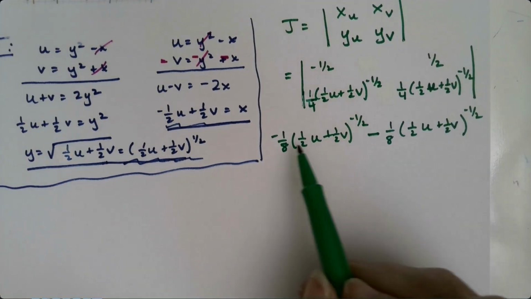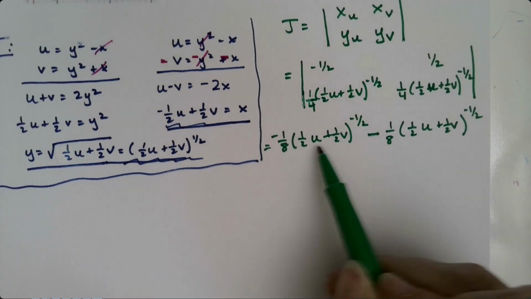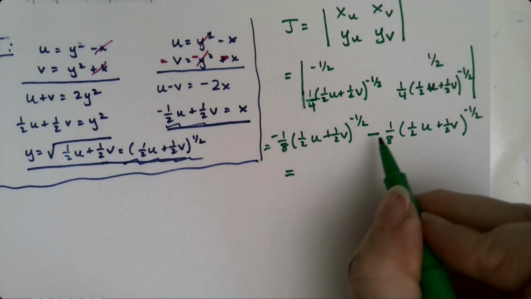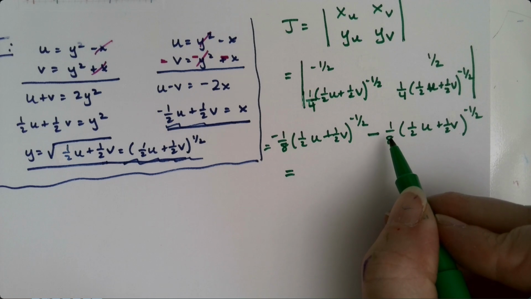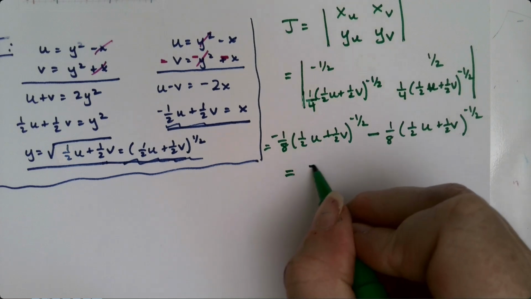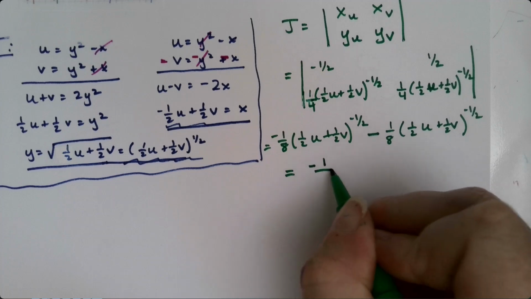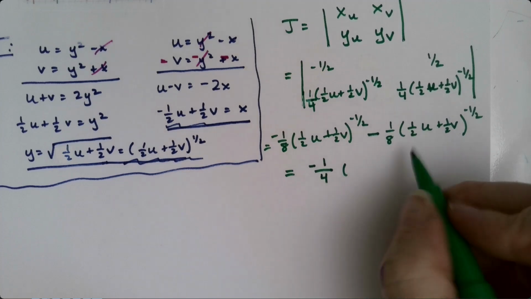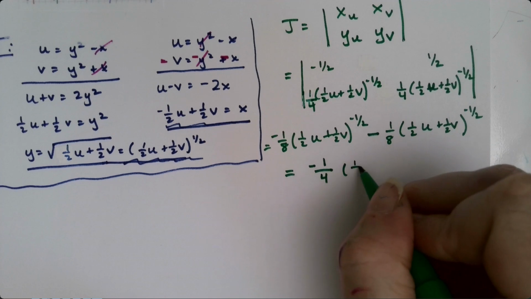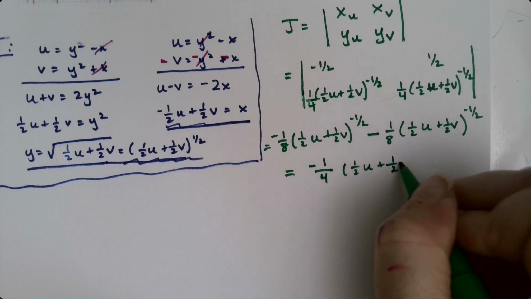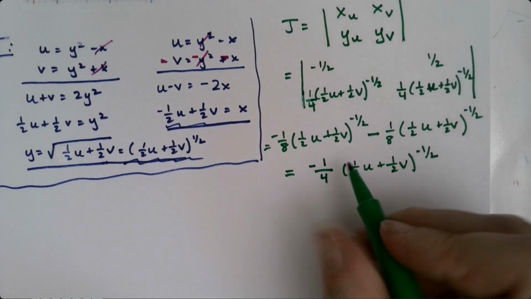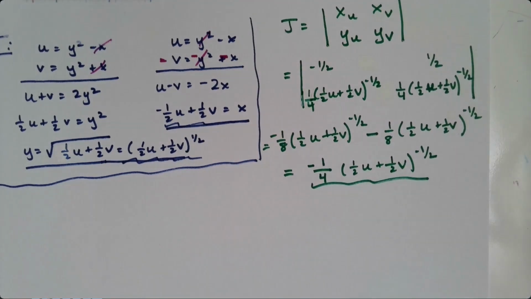All right, a negative 1/8 and another 1/8 makes negative 2/8. Negative 2/8 is negative 1/4. So it's negative 1/4 times this thing, 1/2 u plus 1/2 v to the negative 1/2 power. There's your Jacobian.